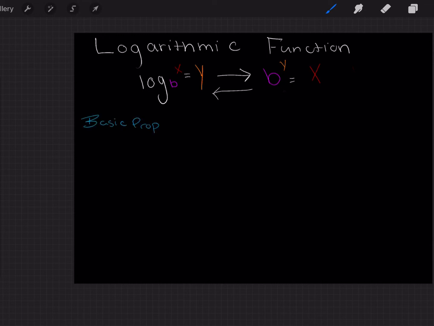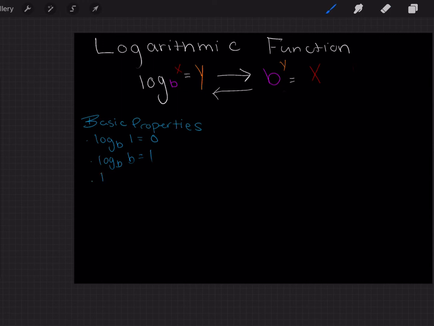Now moving on to some of the basic properties, we have log base b of 1 equals 0. Log base b of b equals 1. So these are the properties that we demonstrated previously. And then we have the inverse properties.